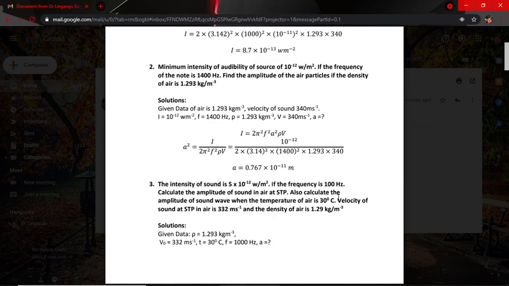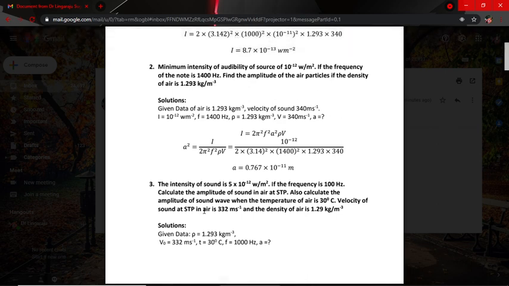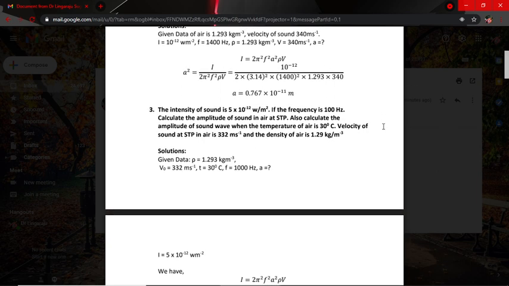Also calculate the amplitude of the sound wave when the temperature of air is 30 degrees Celsius. Velocity of sound at STP in air is 332 meter per second, and the density of the air is 1.29 kg per meter cube. So here we have to calculate, with the values that are given.